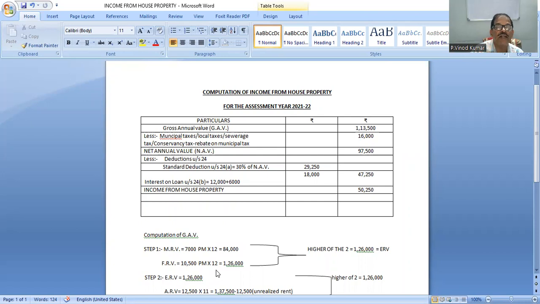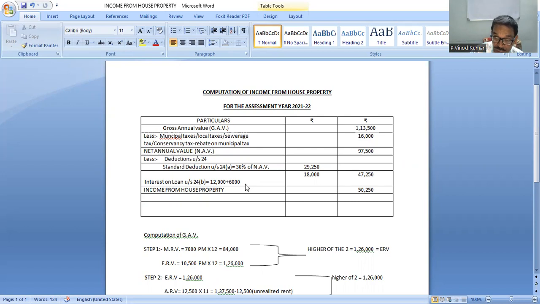Please make a point. Please listen carefully to the video. It's very easy. You can score maximum marks in income from house property, right? If municipal taxes is due, ignore it. But if interest on loan is due, you can allow deduction.